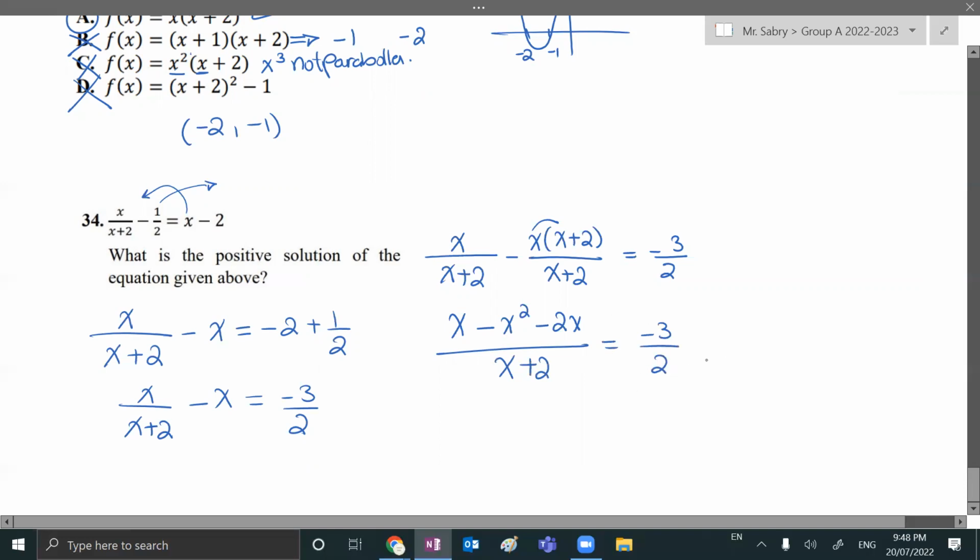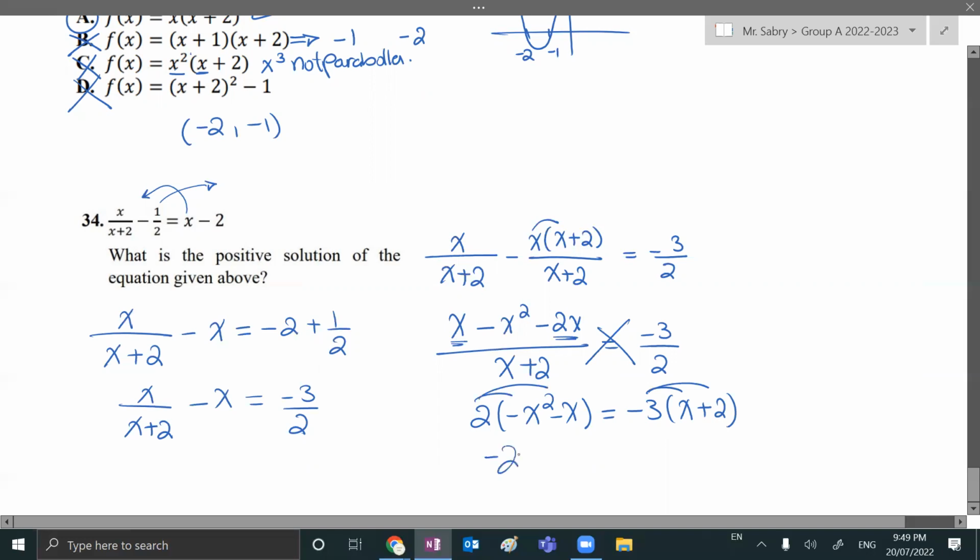Now I have a fraction equals a fraction, so I just need to cross multiply. Once you do that, first simplify: x and minus 2x will become just minus x, so it's now 2 multiplied by negative x squared minus x equals negative 3 multiplied by x plus 2. Again, I did cross multiplying. Distribute the 2 and distribute the negative 3.